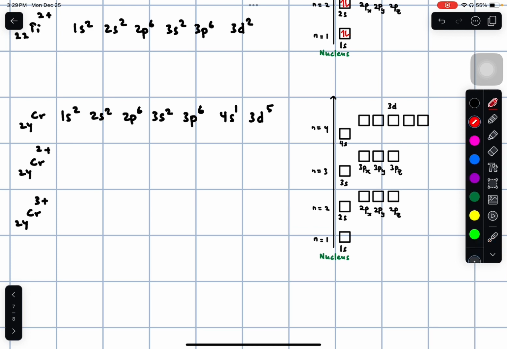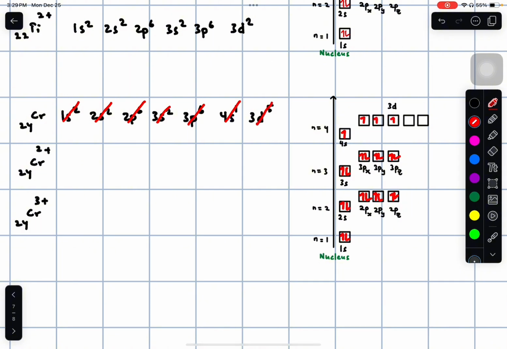atomic orbitals. 1s2, 2s2, 2p6, 3s2, 3p6. Now, 4s1 and then 3d5.